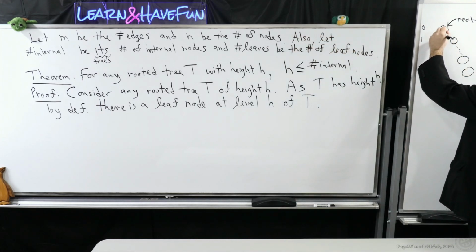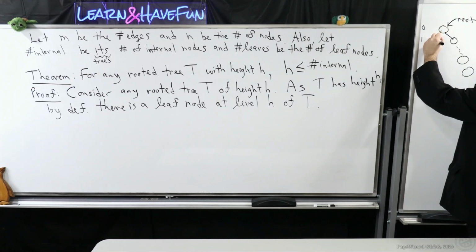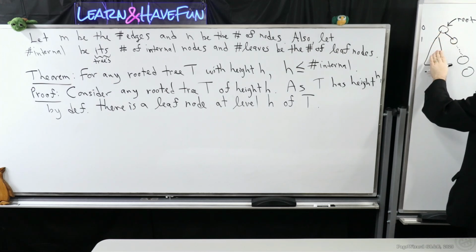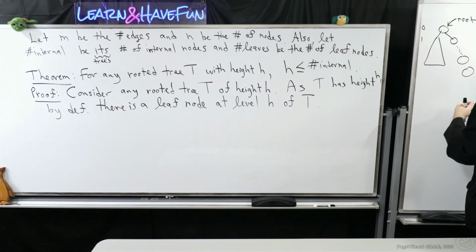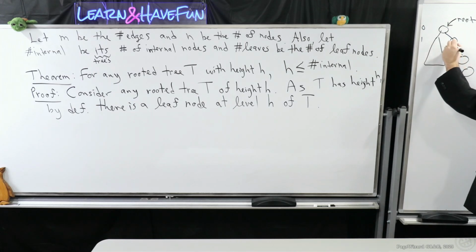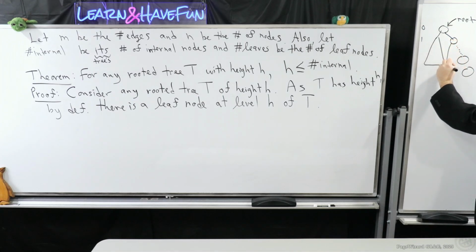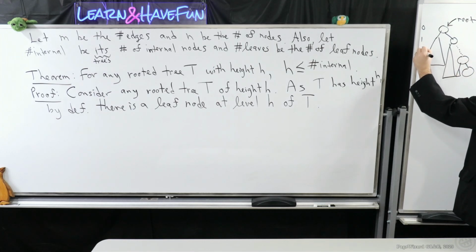It might be the case that there's something else going on over here, what we would call a subtree, rooted at whatever this is. It may have no node there. I'm just saying there's some subtree there. It might be empty, or there might be some stuff there. The point I'm getting at is that this tree has height h.